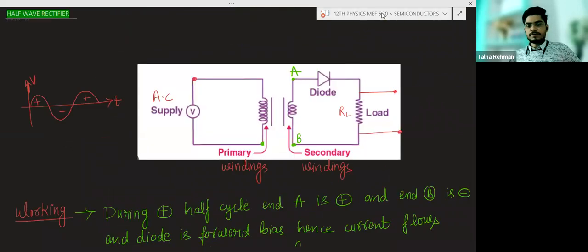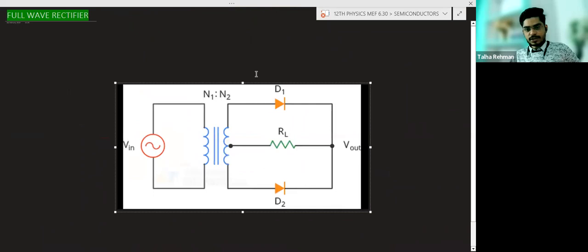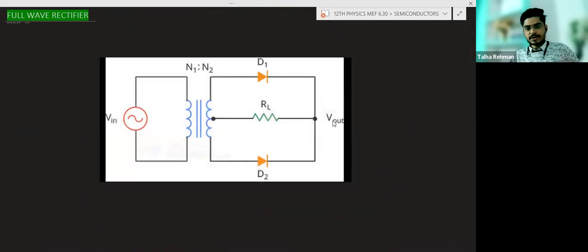Now we will discuss the full wave rectifier. In a full wave rectifier, instead of one diode, there will be two diodes, and the load resistance is connected like this. This is the primary winding, this is the secondary winding.